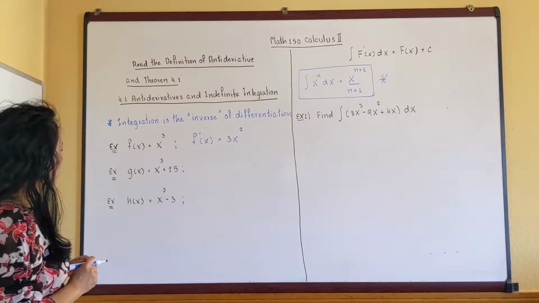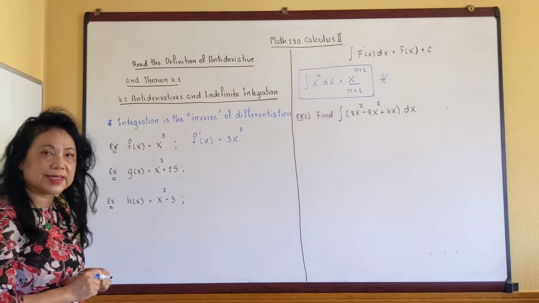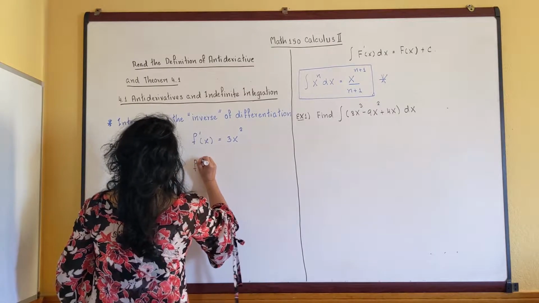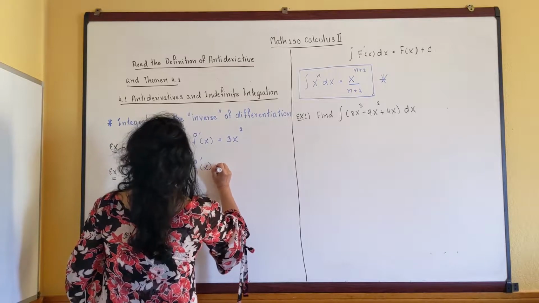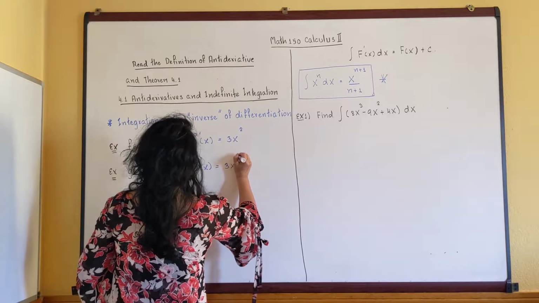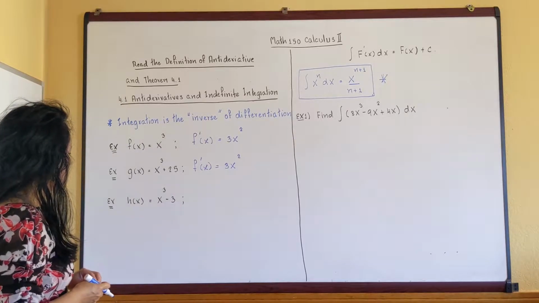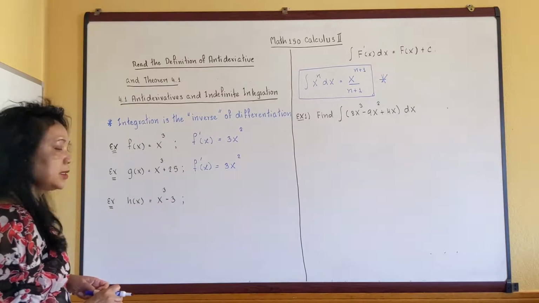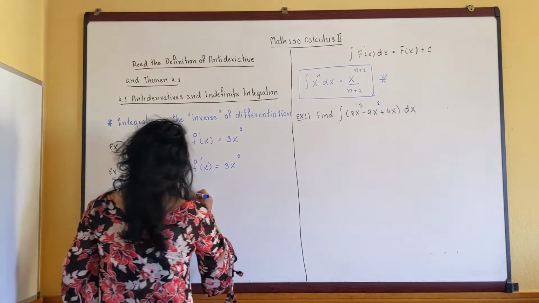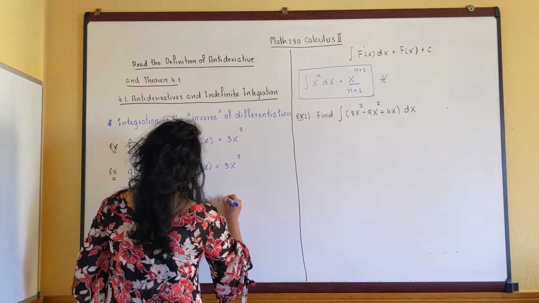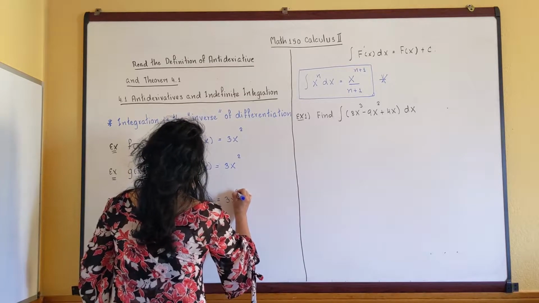I have g of x equal to x to the cube plus 25. If I take the derivative of this, I will have 3x squared. The last one, I have h of x equal to x to the cube minus 3. If I take the derivative of this, I will have 3x squared.